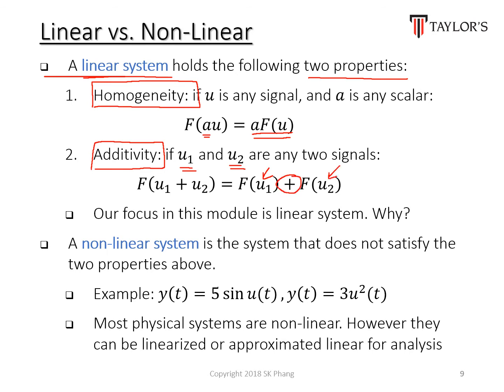As long as a system satisfies these two properties, homogeneity and additivity, which in combination we call the superposition property, it is called a linear system. Whereas a non-linear system is any system that does not satisfy any one of the properties. Once it fails any one of the properties, we call it a non-linear system. We can look at the examples in the next slides to verify whether a system is linear or non-linear.